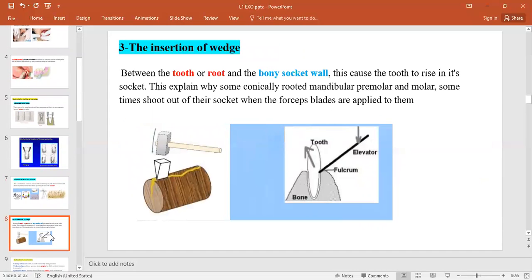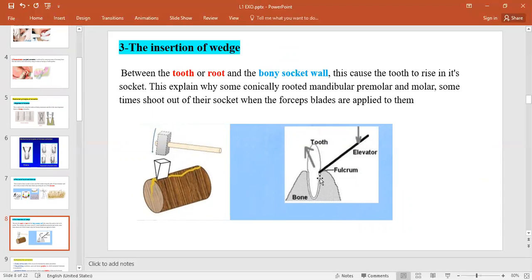Insertion of a wedge. As you see, we use a wedge between the tooth or the root and the bony socket. As you see here, we can use a couple of elevators for this technique, and we create a point of application in the alveolar bone, and we can take the tooth out.